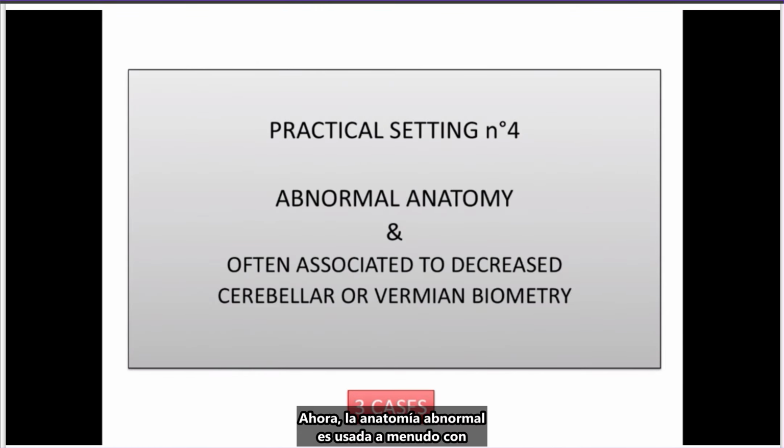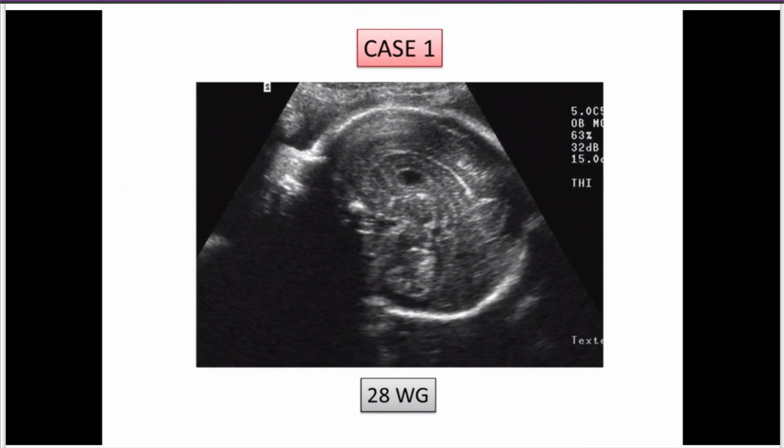Now, abnormal anatomy is often associated with decreased cerebellar or vermis biometry. You are, in this case, dealing with abnormal echogenicity of the vermis. The vermis should look more echogenic than it looks in that case, because in that case, the vermis, if it's a vermis, has the same echogenicity as the adjacent hemisphere.